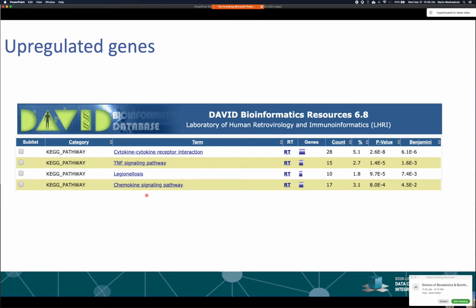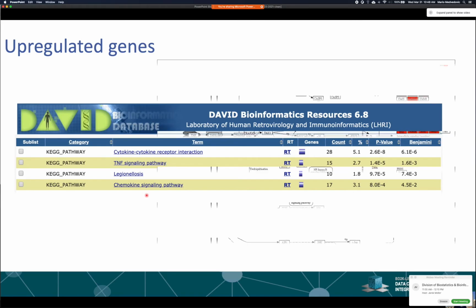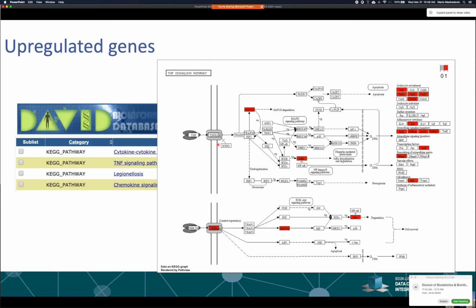We identified TNF signaling, for example, as one of the pathways, and then we can map again on iLinks the genes that were upregulated to this pathway, and most of these are actually downstream from the activated transcriptional regulators. So that makes sense, because these genes are upregulated after activation of this pathway.